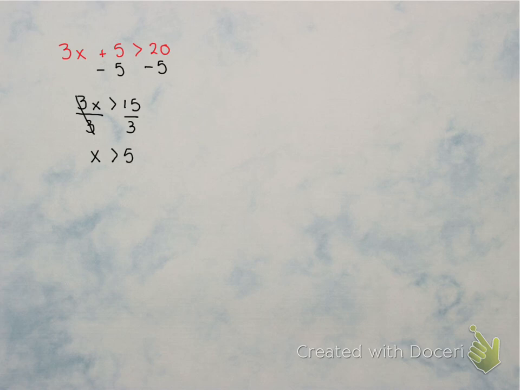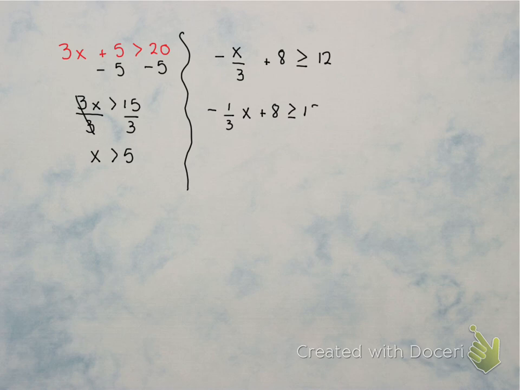Very, very simple, okay? Moving on to example 2, we have negative x over 3, and again, we need to remember that negative x over 3 can be rewritten as negative 1/3 x. Now, in my opinion, that's what makes this a little bit easier to solve, okay?